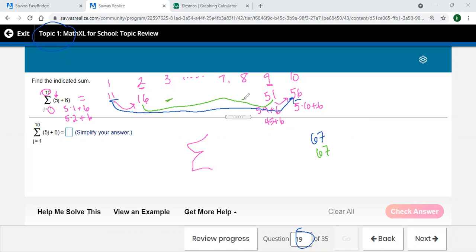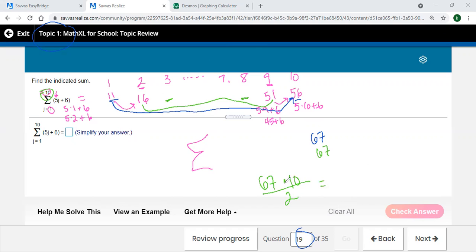If we did the 3rd one and the 8th one, guess what they'd add up to? Another 67. Guess how many 67s it would be? Well, remember, we're adding 2 numbers, and how many total numbers are we adding here? 10. So you go times the 10, but you're not adding every number, you're adding half of the numbers because you were pairing them up, remember?